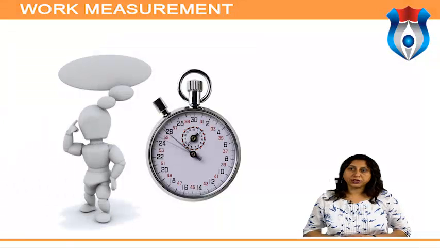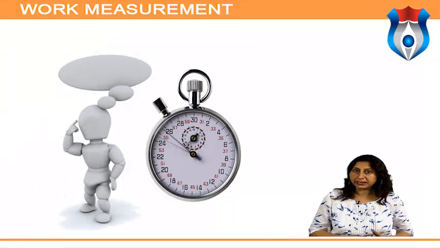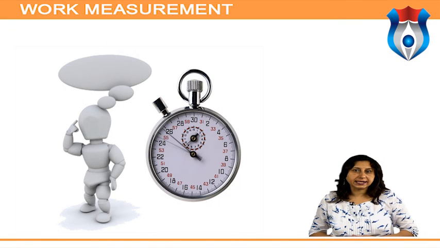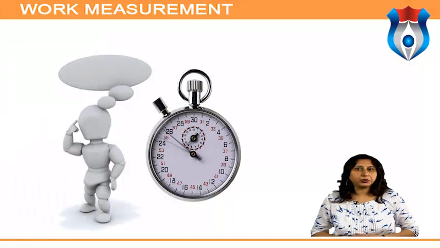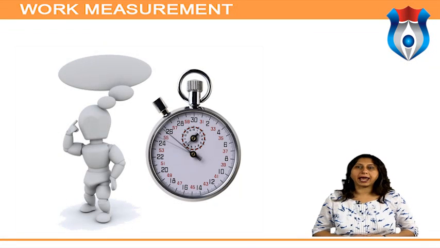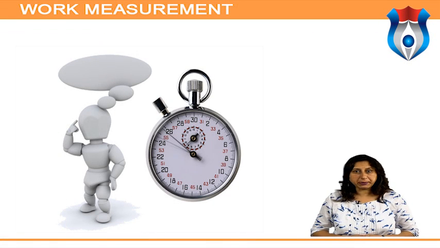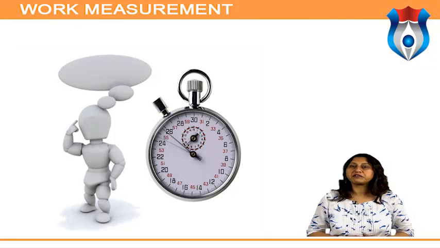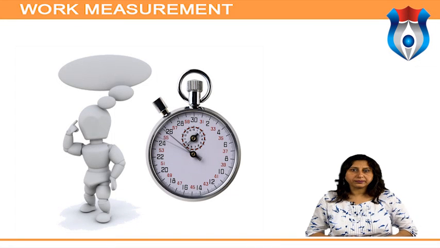Normal times must also be adjusted for personal time and unavoidable delays. Allowances include time for labor fatigue and personal needs, equipment breakdowns, rest periods, information delays, and so on.